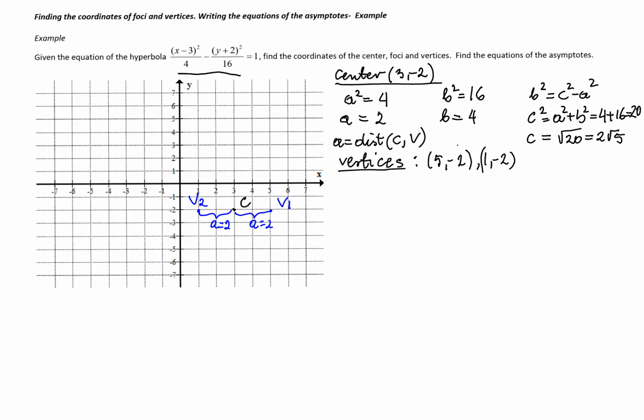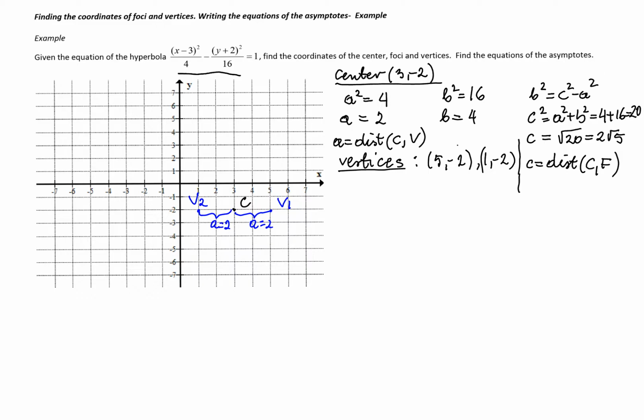Now, to find the coordinates of the foci, we use the fact that c is the distance between the center and a focus. So as with the vertices, we'll move in the horizontal direction from the center.